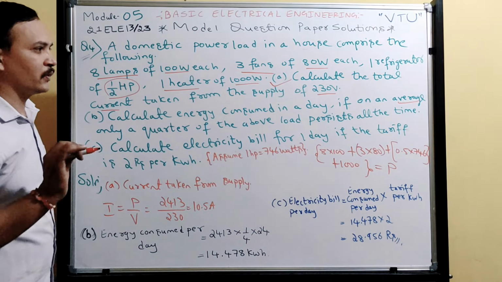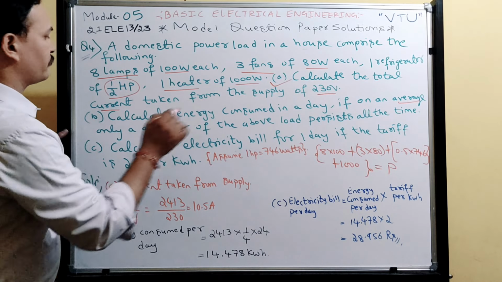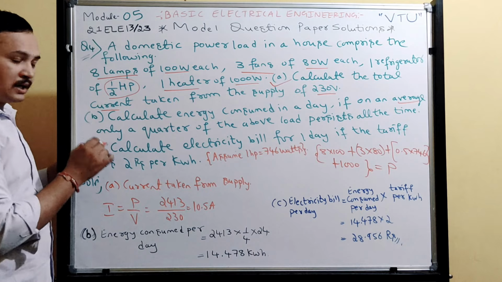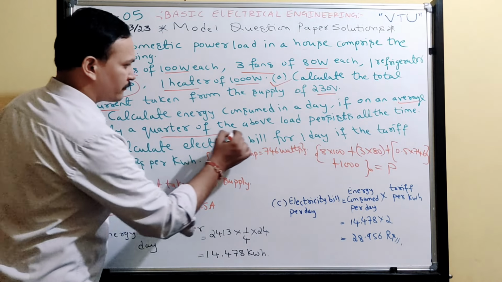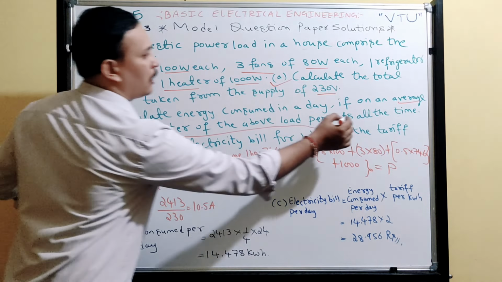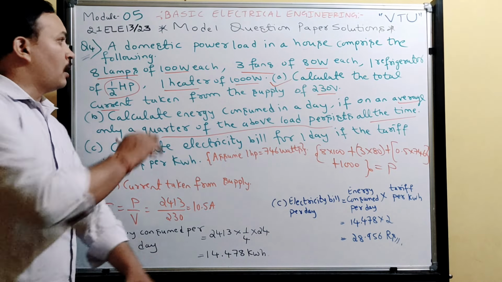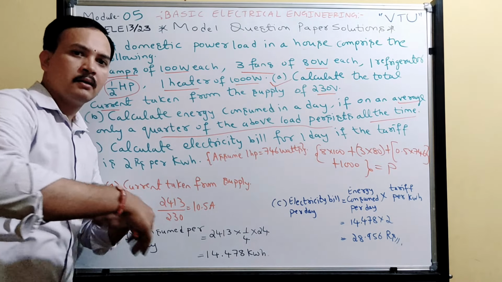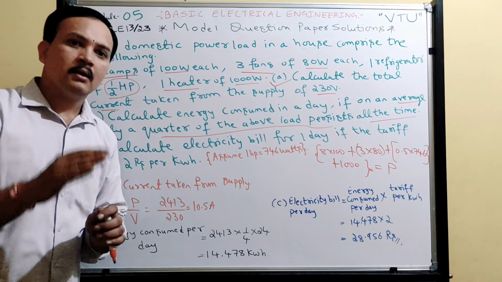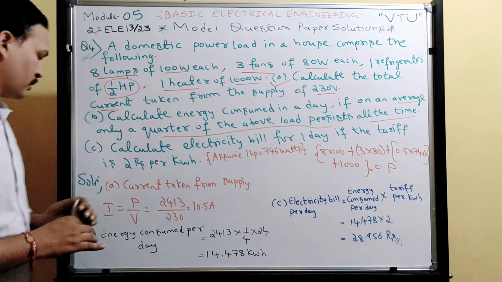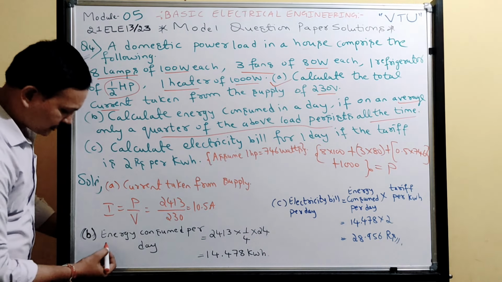Please correct it. Calculate the energy consumed in a day if on an average only a quarter of the above load persists all the time. In a day, all these appliances are operating only a quarter of the day, quarter meaning 1/4.